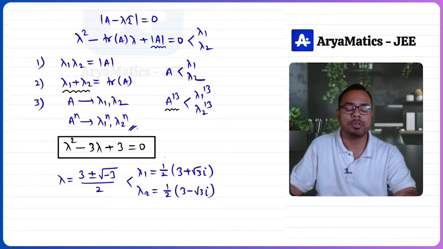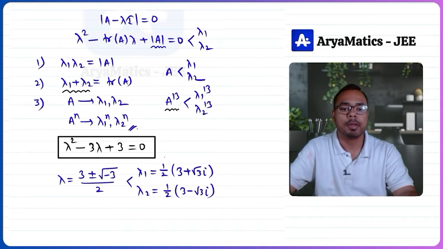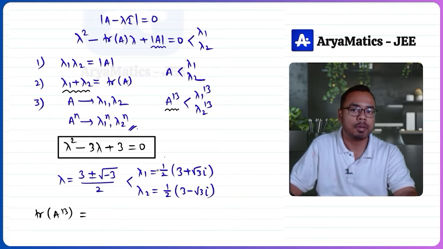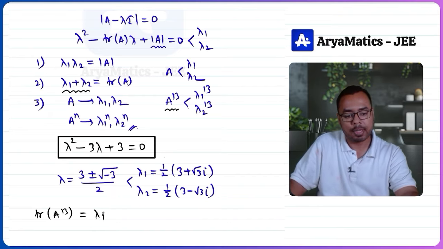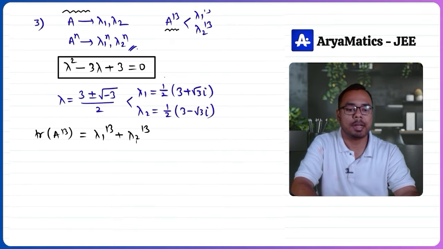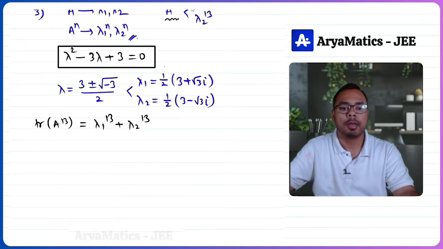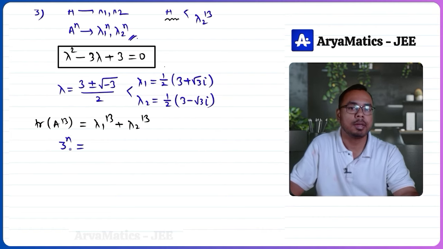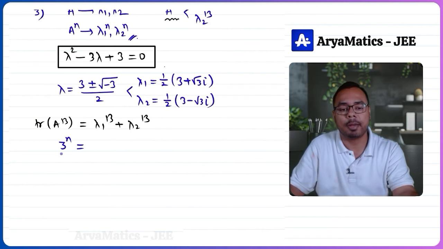These are the two eigenvalues of matrix A. Now the trace of this matrix A raised to 13 will be nothing but the sum of eigenvalues of A raised to 13. And for A raised to 13, the eigenvalues are lambda 1 raised to 13 and lambda 2 raised to 13. So now we have to calculate this sum and then we'll get the trace of matrix A raised to 13. Also this is given as 3 raised to n. So by comparing, we'll find the value of n.